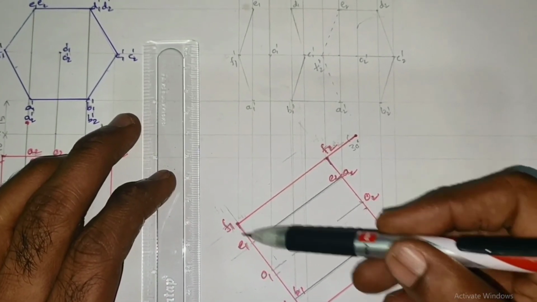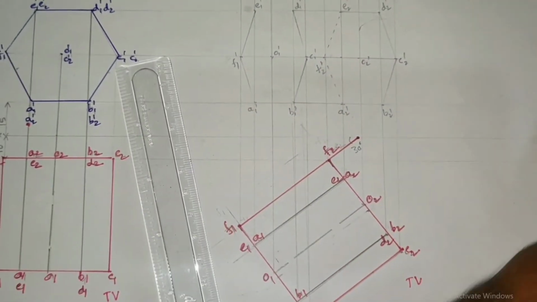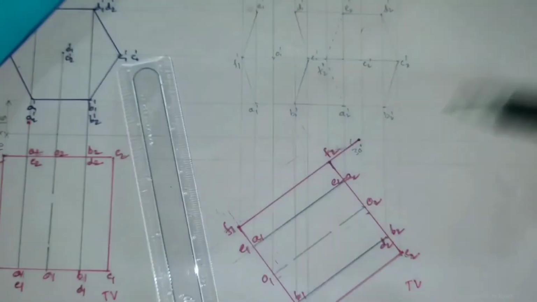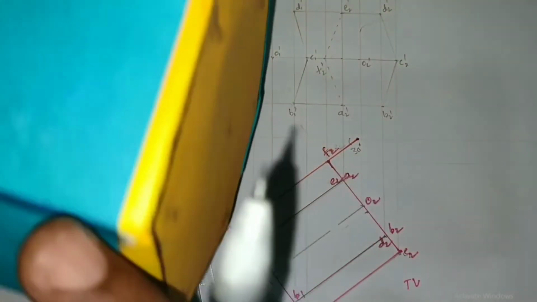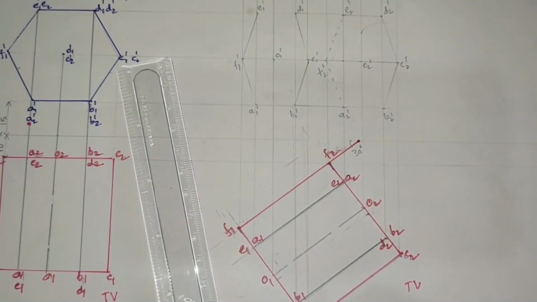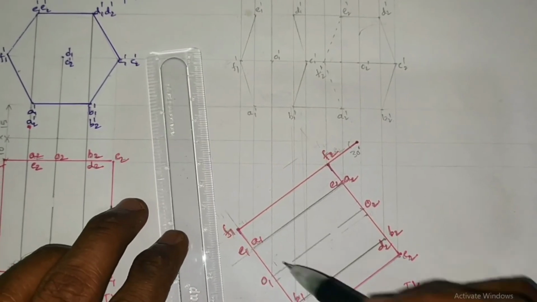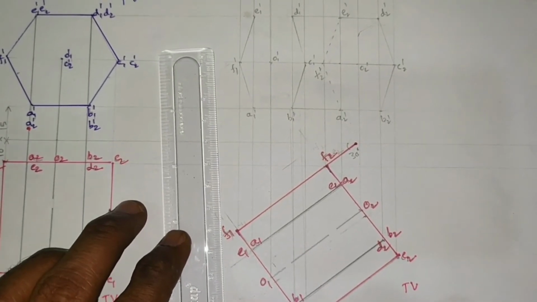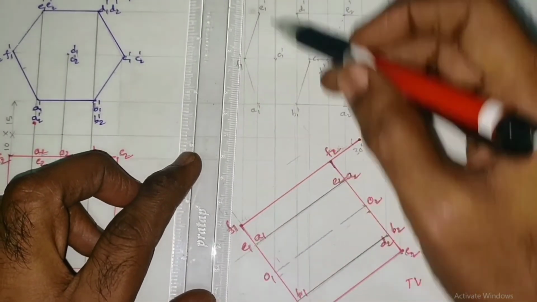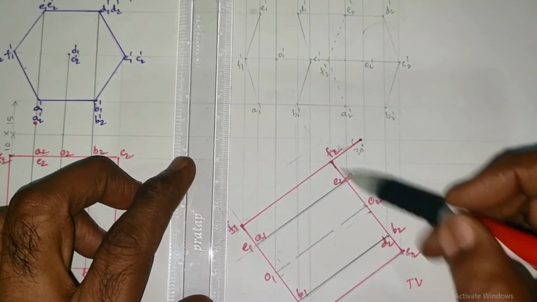All these points correspond to one face. Similarly, these points correspond to the other face. So we have to draw the projecting lines from the corners of the two bases. These are the projections which have been drawn from the two bases.